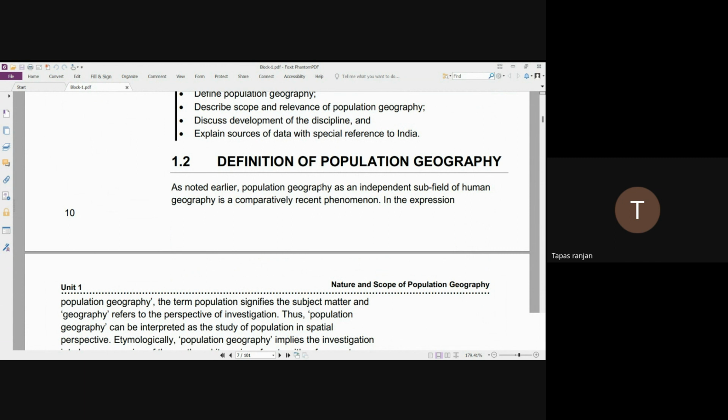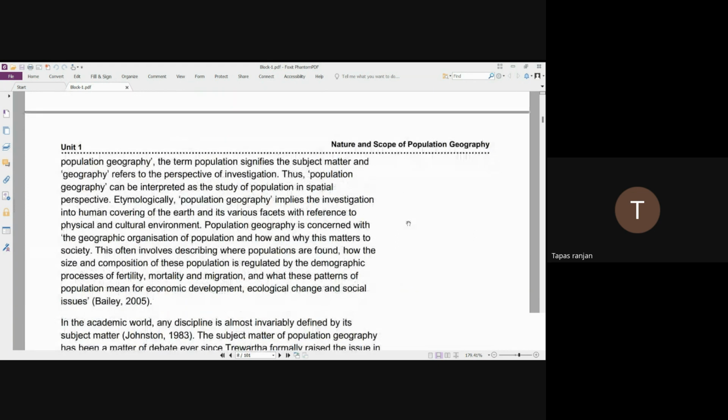Population components can be the size of population, how the population is distributed over the earth's surface, population density, then other population dynamics like fertility rate, mortality rate, then migration. All these are studied under population geography. So in a nutshell, you can simply define population geography as the study of population in spatial perspective.